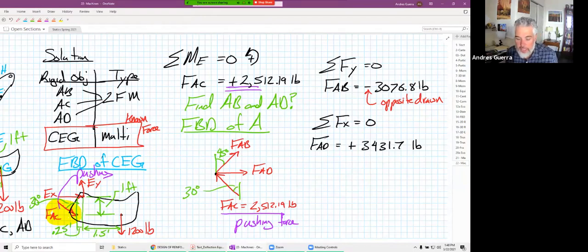And we also need to be able to handle it when we get a negative. If I had gotten a negative for FAC, then I need to know that it actually goes opposite as I drew it here, which means it's a pulling force. And then I would have drawn it over here as a pulling force, also going in the opposite direction, right? So if I found a negative, I would have flipped it in that FBD of A.